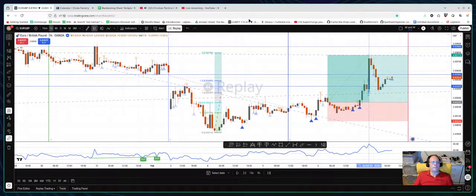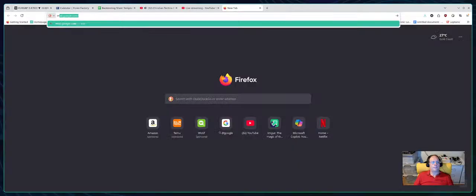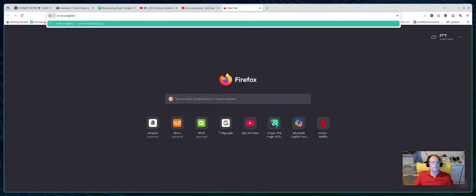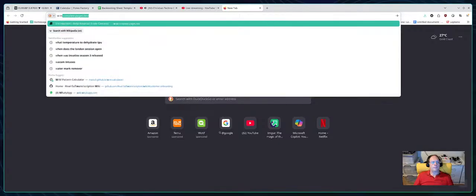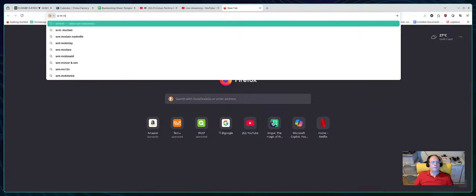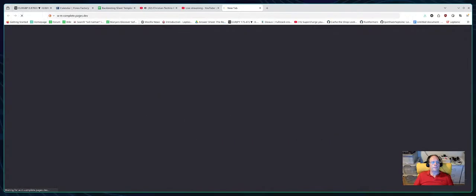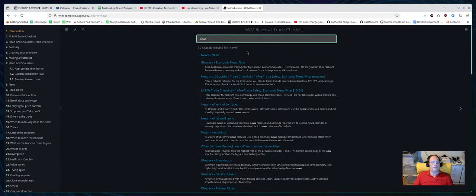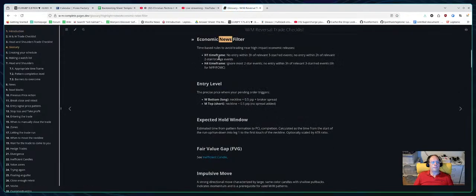Let me check my notes about what to do with 3-star news. Time-based trades to avoid trading near high impact on the 1 hour trend. You can't go within 3 hours of the red event.